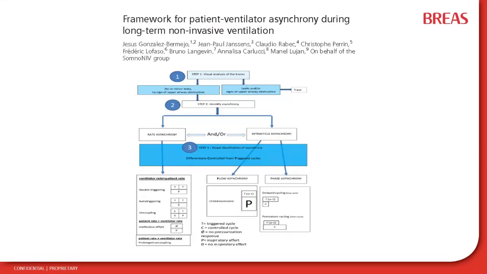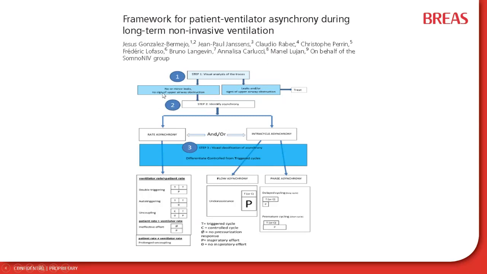The last part of my speech is dedicated to patient-ventilator asynchrony, primary asynchronies. We described 2 or 3 years ago how to proceed with patient-ventilator asynchrony, and this is one of the flow charts contained in this article.